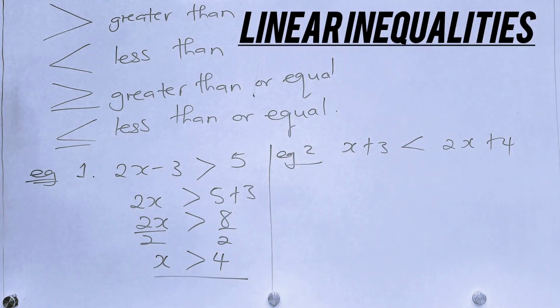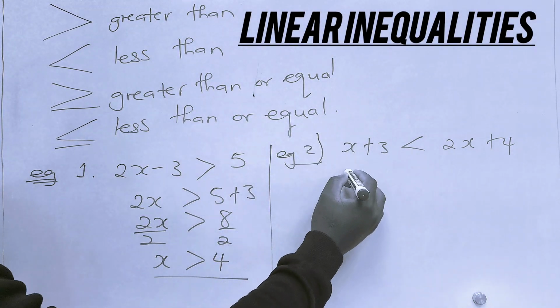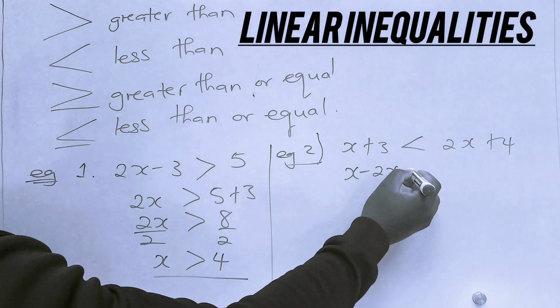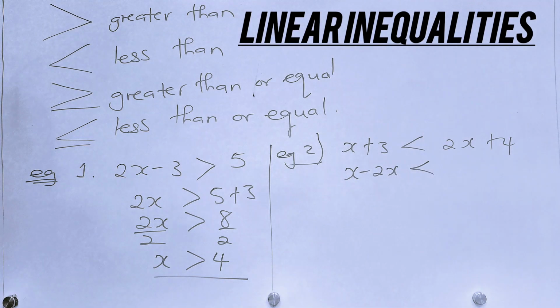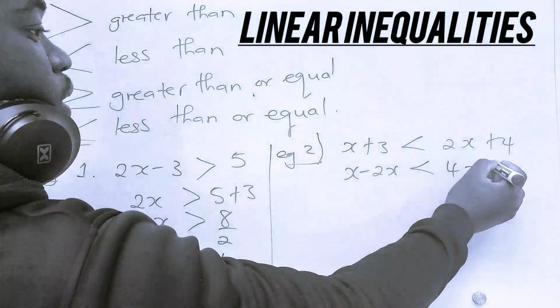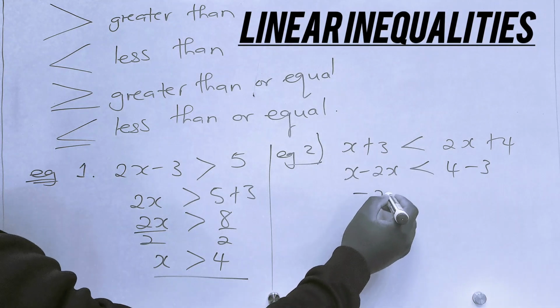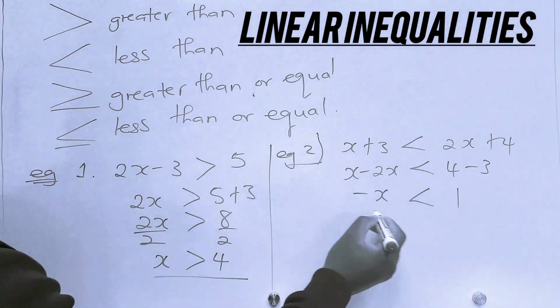In this case, we collect like terms as well. So we take terms in x. So this will be x minus 2x less than. Then we collect constant terms, which is 4. We take this one that side, minus 3. x minus 2x, we get minus x, which is less than 1.